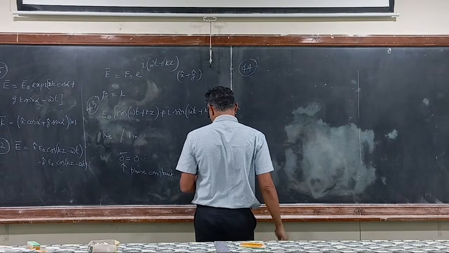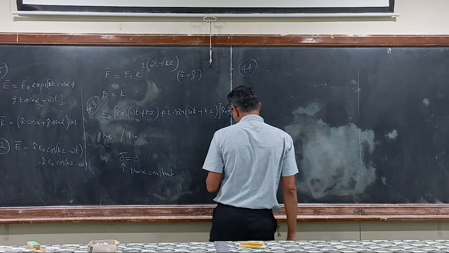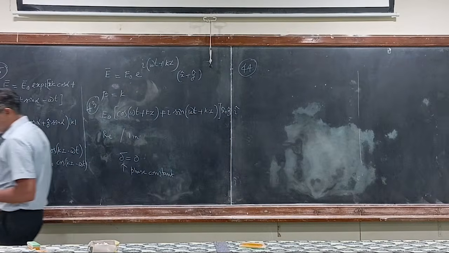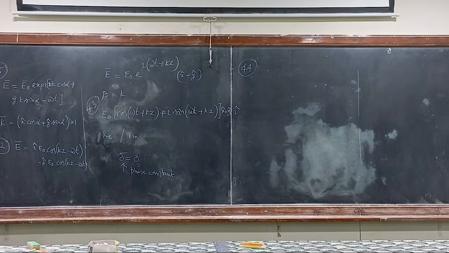The 44th problem: the sum of two oppositely rotating circularly polarized waves of equal amplitude will be.